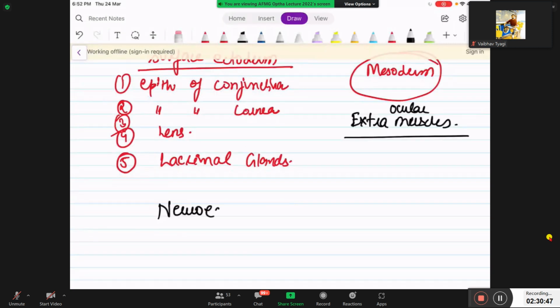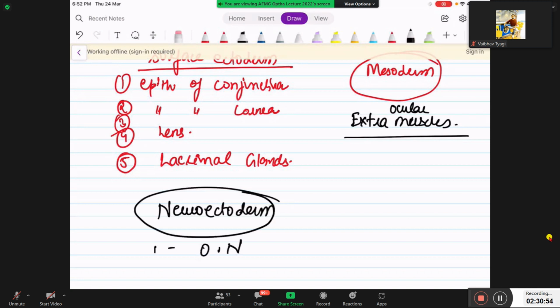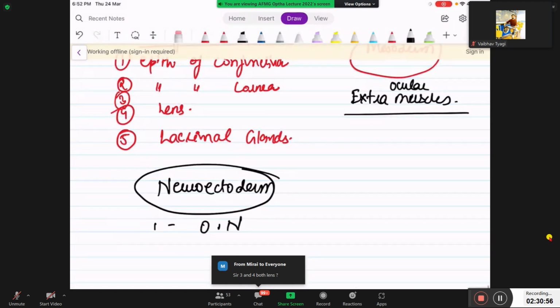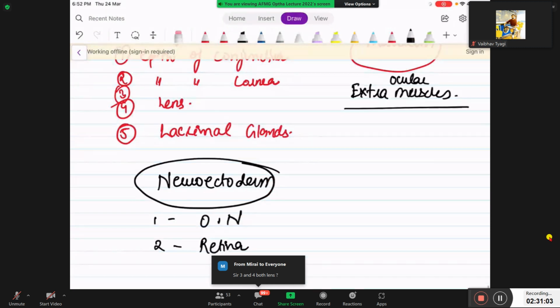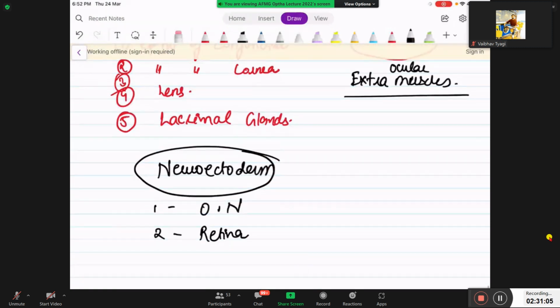Neuroectodermal structures: first is the optic nerve, second is the retina. Then which are the two muscles? Sphincter pupillae and dilator pupillae. These are neuroectodermal in origin.